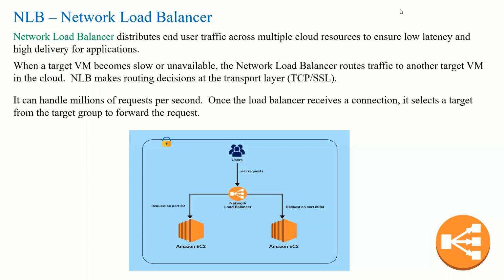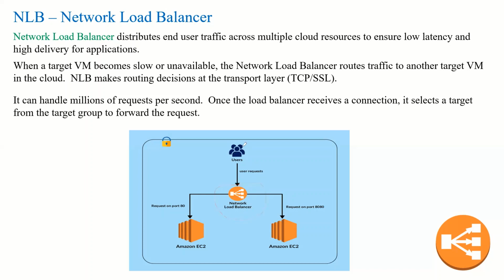So once the load balancer receives a connection, it selects a target from the target group to forward that particular request. In our pictorial presentation, you can see here are the users, a number of users. They are trying to access a web server, which is behind this network load balancer.